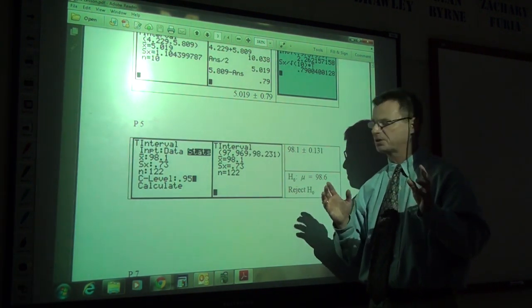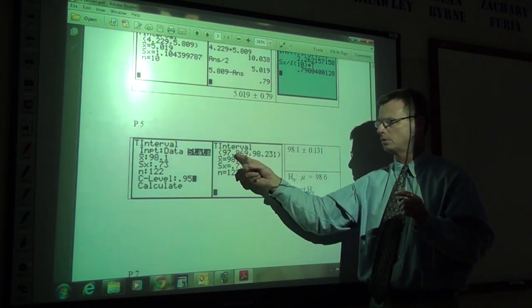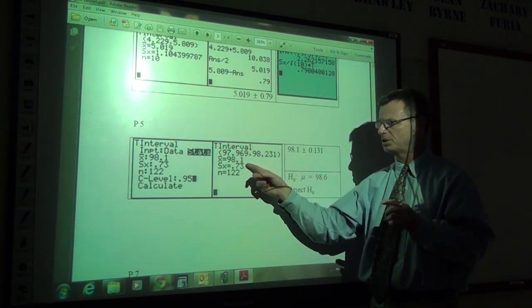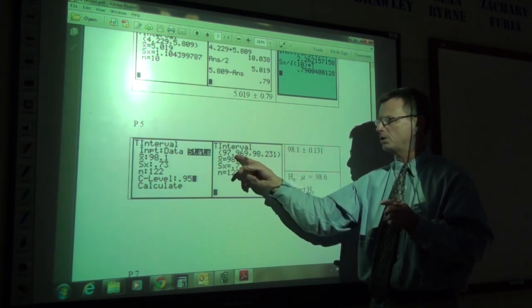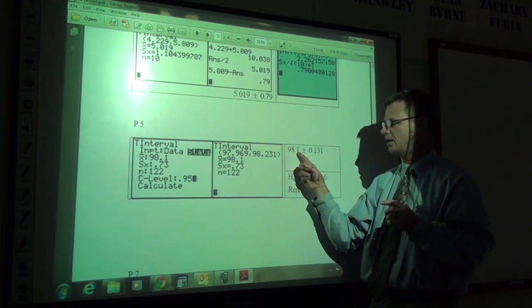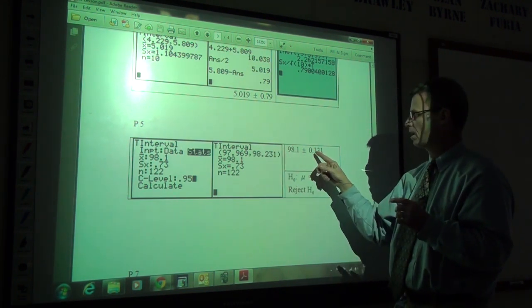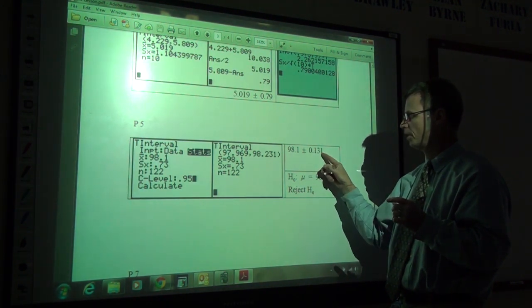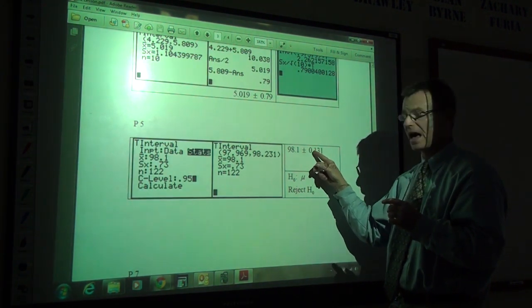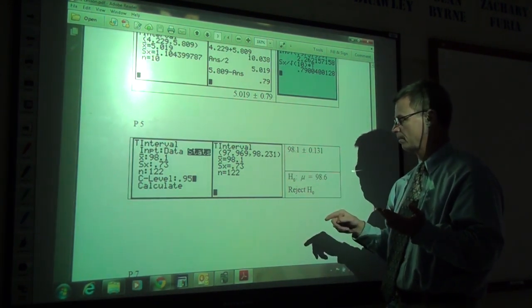You're 95% confident that the true mean is between these two endpoints. There's the measure of spread. That's your n. So in the dead center of these two is 98 and 1/10, and the width of the confidence interval is 262/100ths. So I'm adding half of that and subtracting half of that from 98 and 1/10.